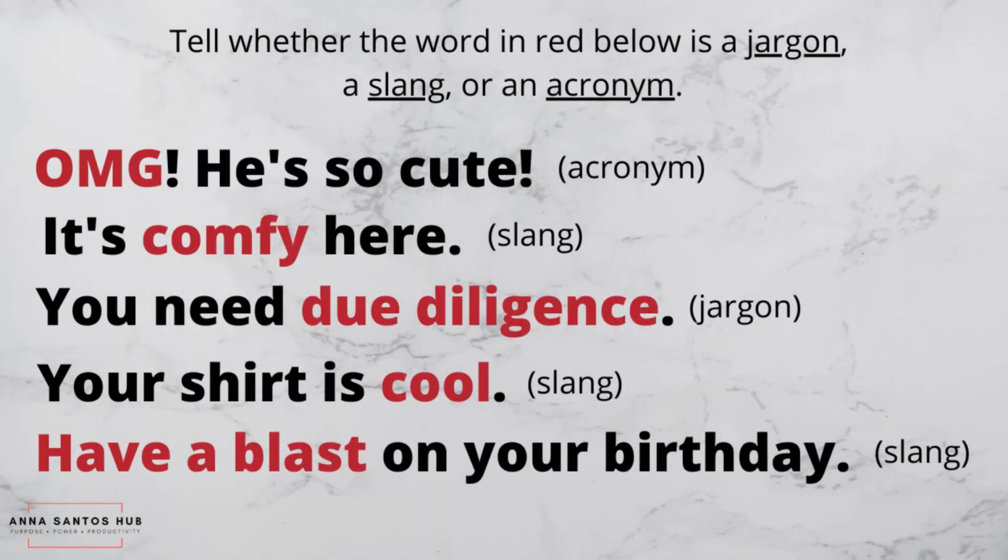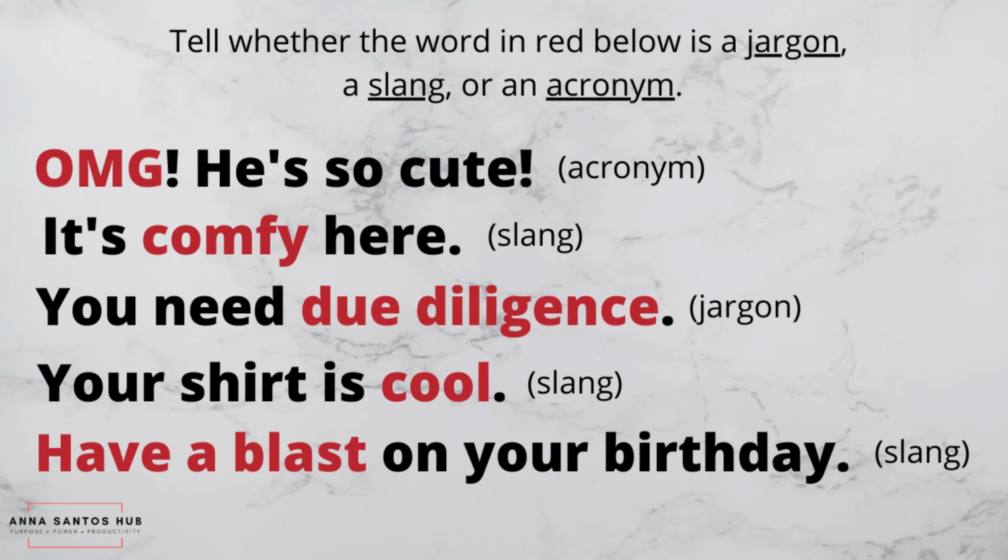And here are the answers. OMG, he's so cute. OMG is an acronym meaning oh my god. It's comfy here. Comfy is a slang word short for comfortable. You need due diligence.